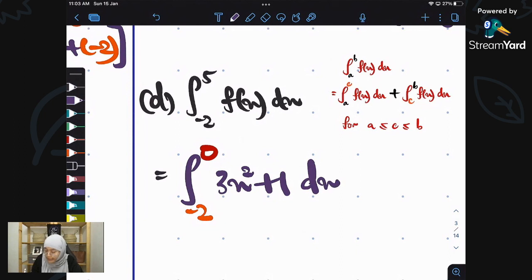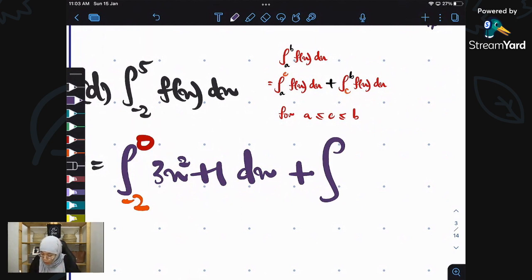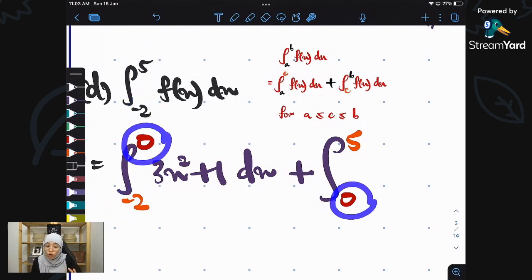And then I tutupkan dengan dx. Wajib tutup. And then I tambahkan balik dengan integral of 0, pit stop tadi, kosong, hingga apa? Hingga 5. Sebab 5 lah penutup dia. So 5 penutup dia, tapi pembuka dia adalah -2. Bus station dia adalah kosong.